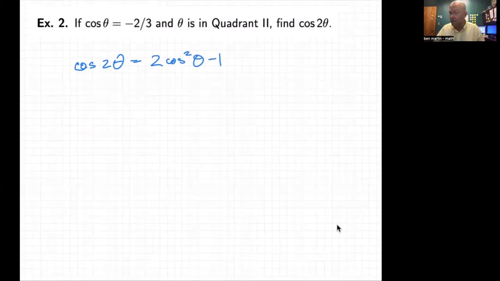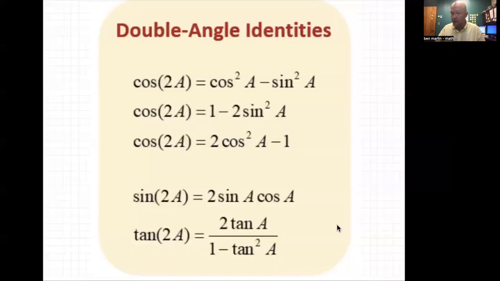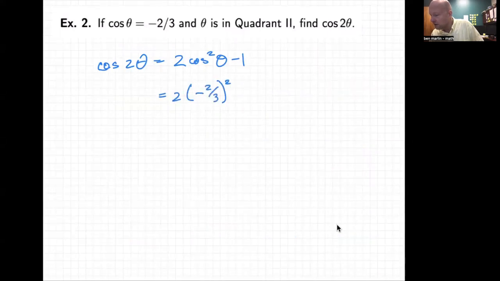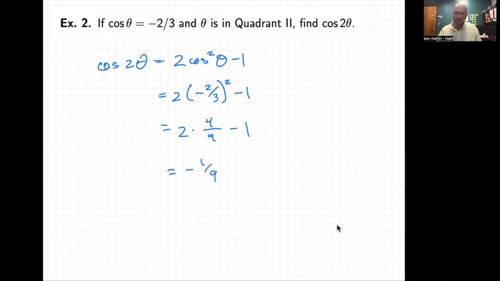And because I'm very forgetful, I'm just going to flip back and make sure that I got the right formula. 2 cosine squared theta instead of a, but minus 1. So I will have 2 times negative 2/3 quantity squared minus 1. That's 2 times 4/9 minus 1. And that is negative 1/9. Okay. So hopefully y'all feel right with that.